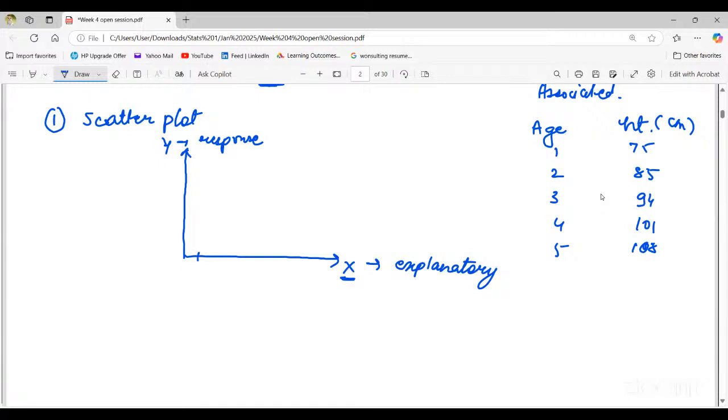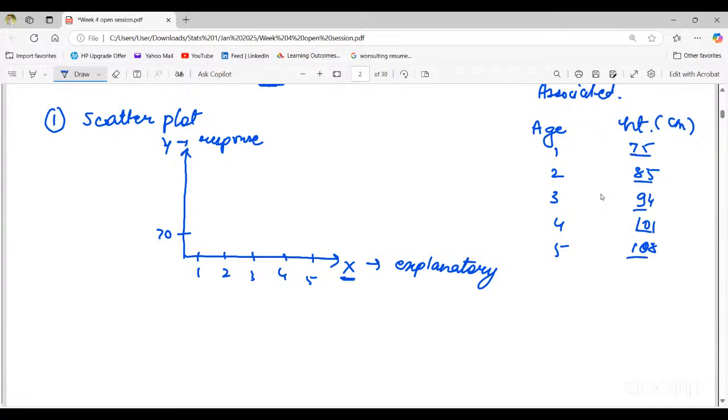Yes, so age is the explanatory variable, so it would be on the x-axis: 1, 2, 3, 4, and 5. How do we say that explanatory is age? Because it explains. See, there are changes in the height, right? 75, 85, 94, 101, 108.